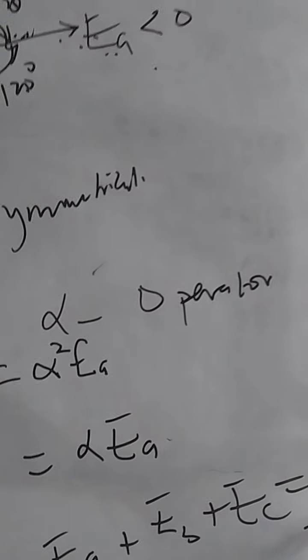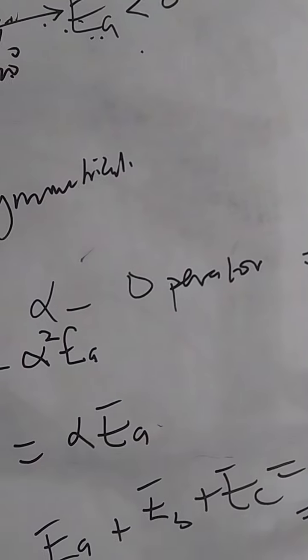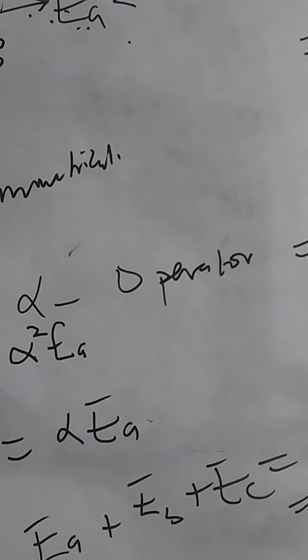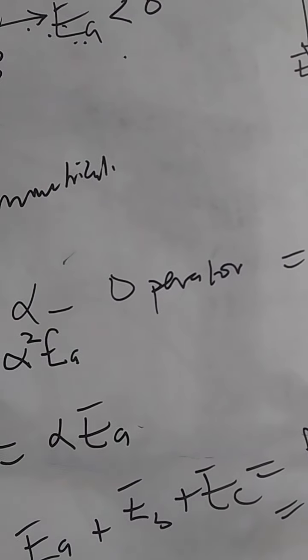Right. If you bring EA out, you have what? 1 plus alpha plus alpha squared, times EA.